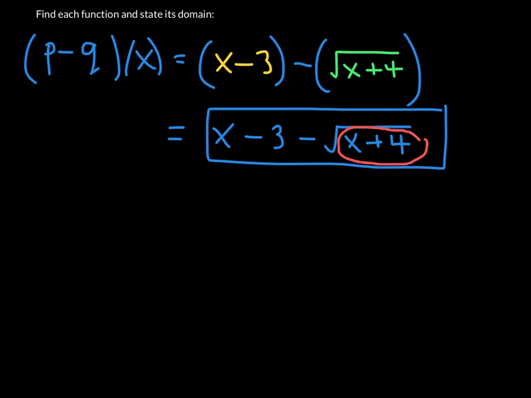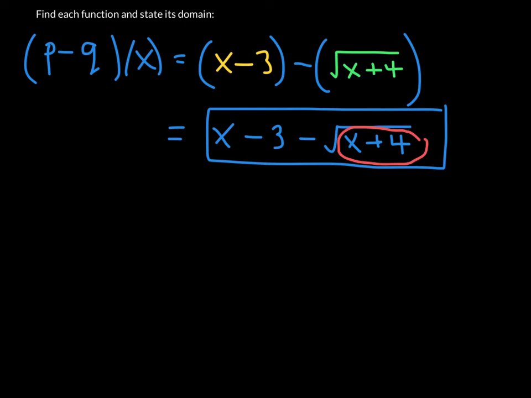Now, we know that the radicand, the expression underneath that square root, must be positive. Why? Because if you take the square root of a negative number, you'll get imaginary solutions. And so we want to stay with real number inputs and real number outputs.